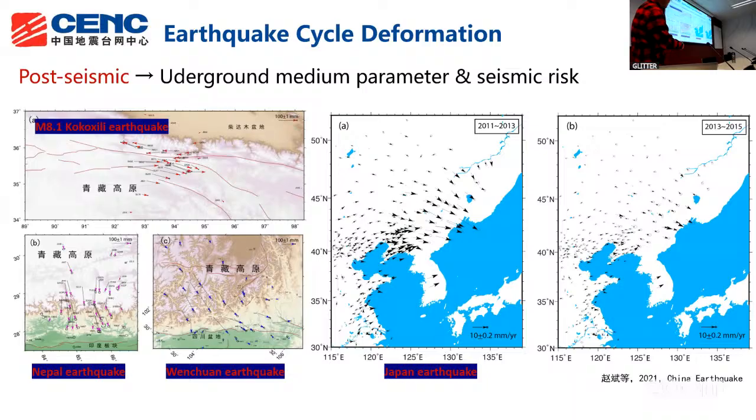We can use the post-seismic deformation because this deformation is caused by processes very deep under the earth. So we can use this result to research the underground medium parameters, and also to assess seismic risk in the future.